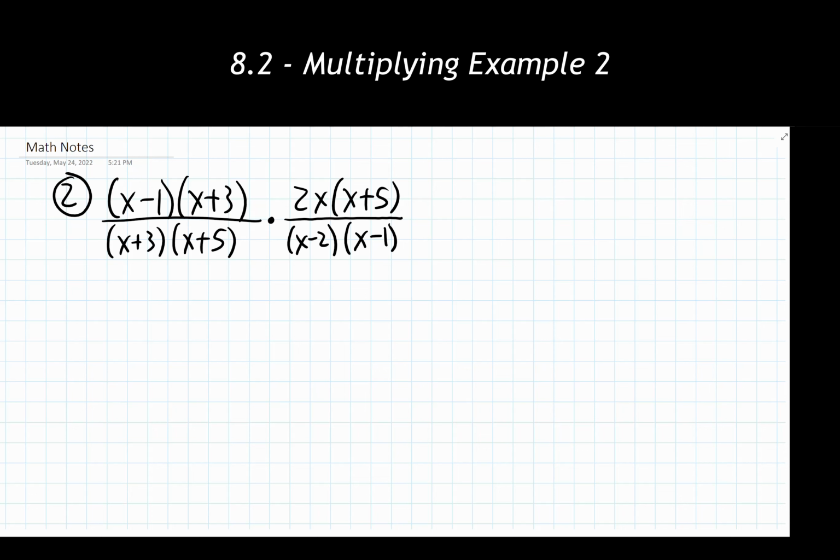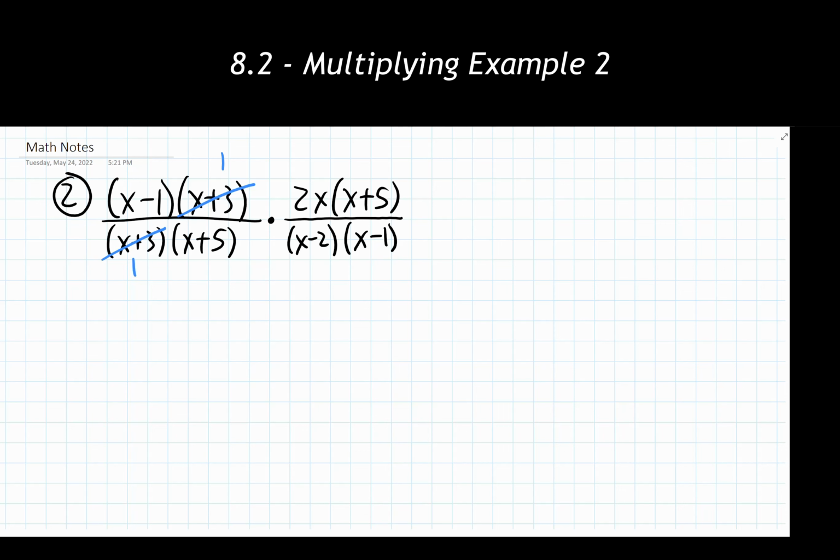So cross cancellation says I'm looking at all of the things in the numerator spot. I'm looking at all of the things in the denominator spot, and I'm seeing, is there anything in any of the numerators that's the exact same as anything in any of the denominators that can cancel out? If we're looking at this, I have an x minus 3 and x plus 3 and an x plus 3.